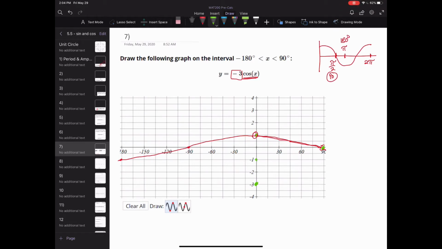It still has to cross that 0 mark. This point too. And this point, since I had a negative 1, you have to flip it, but then the amplitude is still 3, so it has to go all the way up here to 3. So it would actually look like that. Cool.